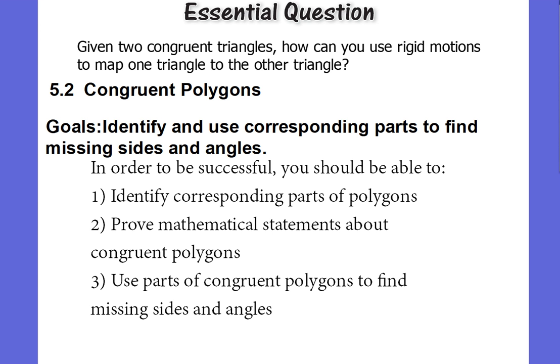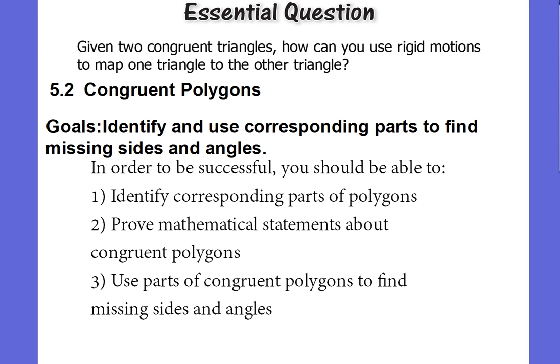Today we are going to be focusing on congruent polygons, but specifically we are going to use these parts of polygons in algebraic equations as a means to solve for missing sides and angles. So remember, so far what we've talked about is that if two figures are congruent, that is because all of the corresponding parts are congruent to each other.